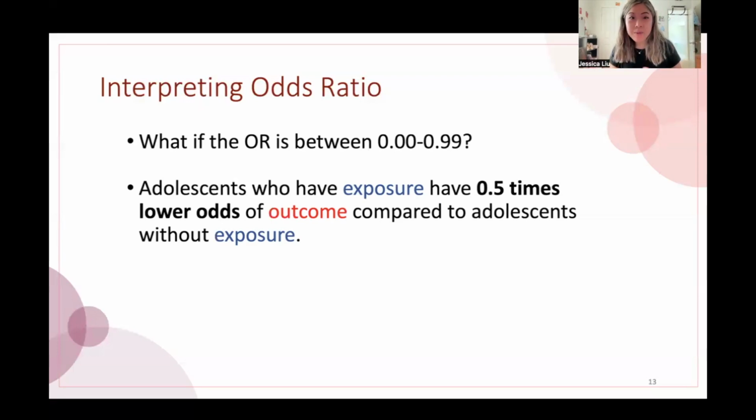Again, this is a made-up example, but let's say adolescents who have whatever exposure you're looking at have, in this case, I made up 0.05 times lower odds of the outcome compared to adolescents without the exposure. So instead of having a higher odds, you have a lower odds when your odds ratio is less than 1.